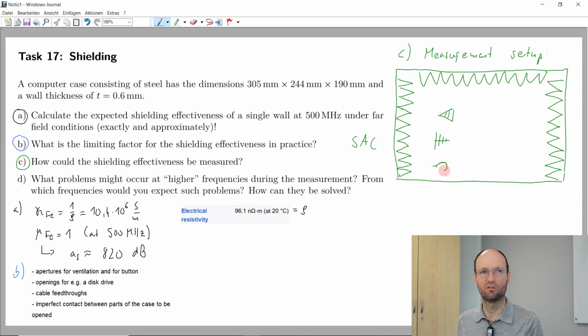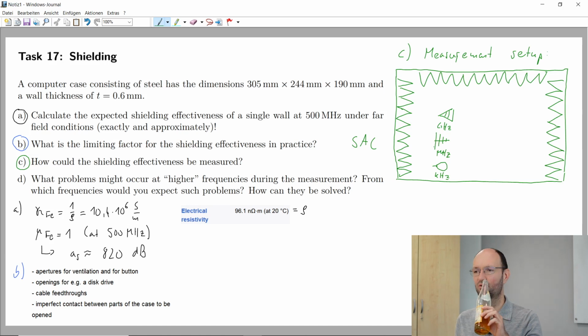So at low frequencies we would use a loop antenna, right? And let's say this would be in the kilohertz range, this would be in the megahertz range, very simplified. And the horn antenna is what we would use in the kilohertz range. Okay, so we have some antenna to generate a field.